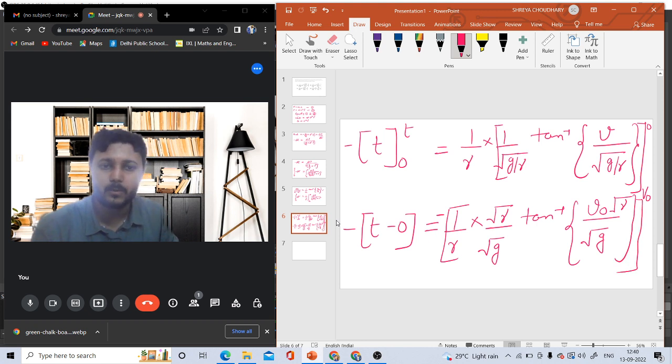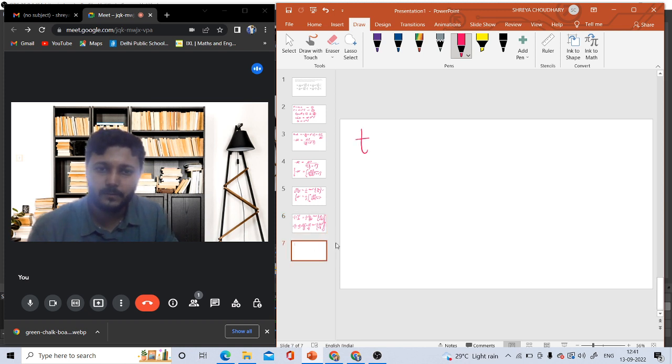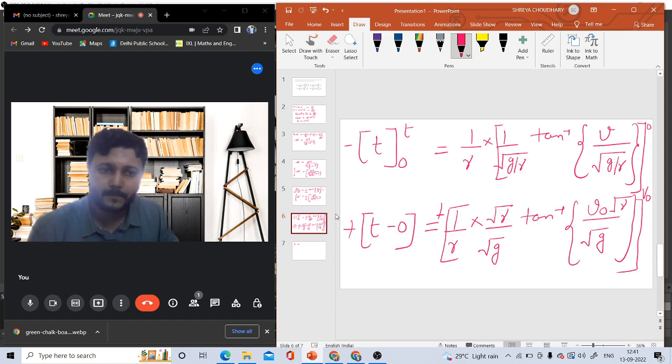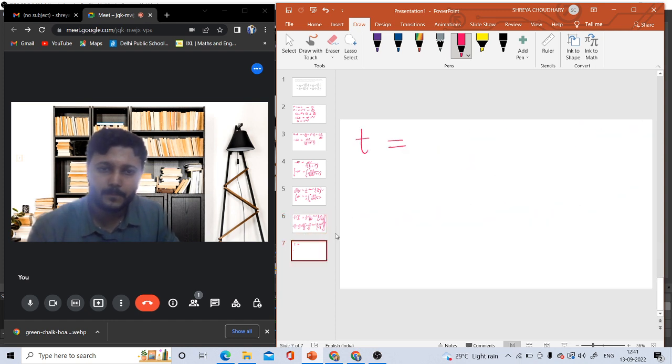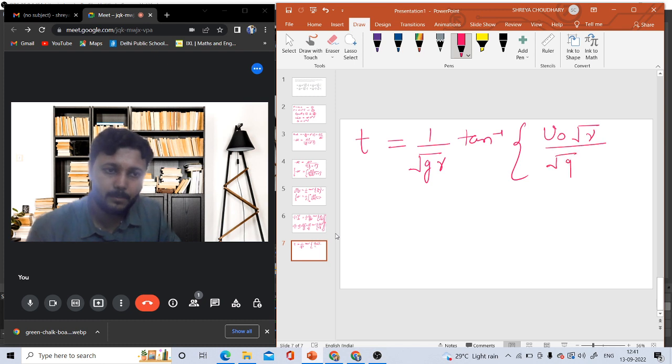Big brackets close. So this minus and this minus will cancel out, and the final value will become t equals 1 upon under root g gamma, tan inverse in brackets v naught under root gamma upon under root g. This is the final value we will have.